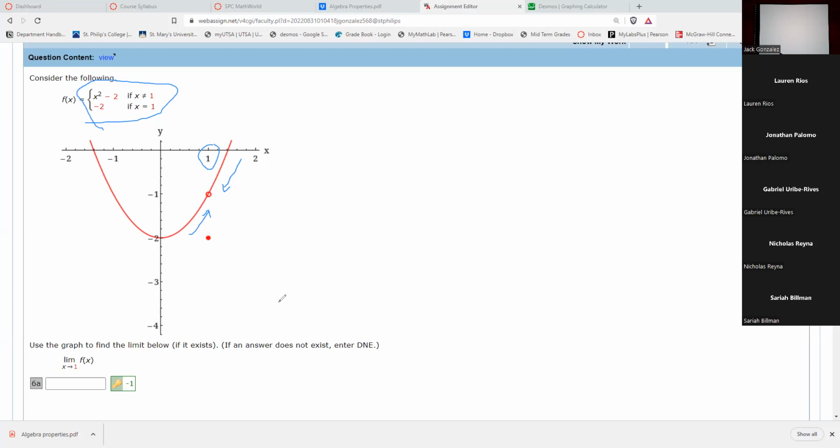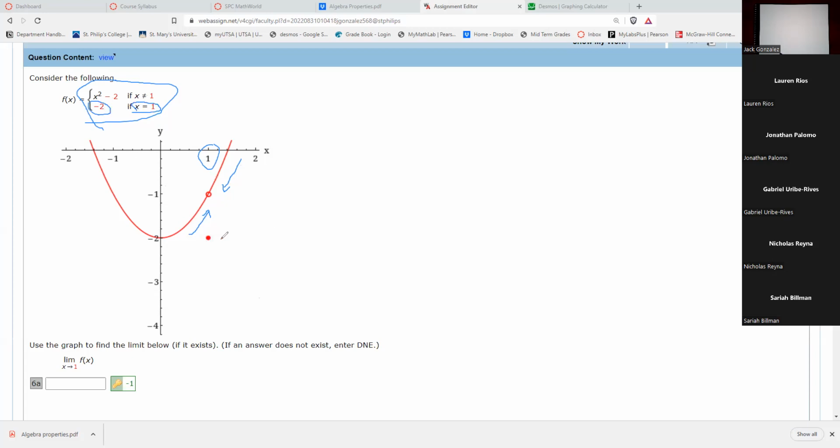But because it's open, the function doesn't exist at 1, but the limit does exist. So the limit is going to be -1, because I'm getting closer and closer to -1, but the function is not defined there at 1. It's telling me that it's equal to -2, right?